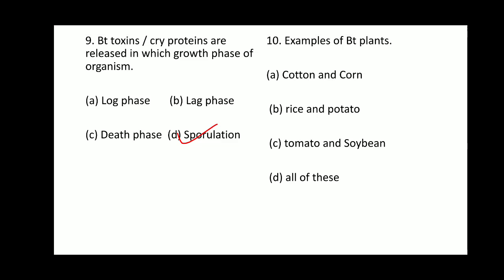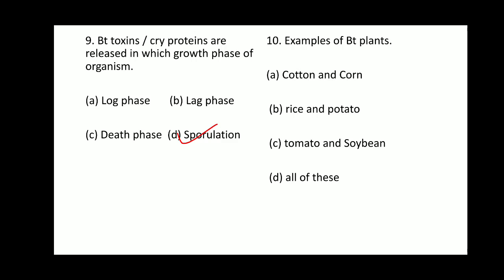Then moving on to question number 10. Examples of Bt plants are option A, cotton and corn, option B, rice and potato, option C, tomato and soybean, option D, all of these.